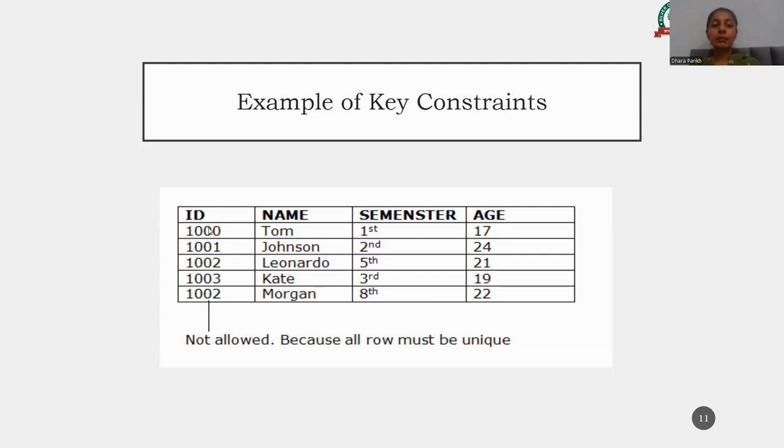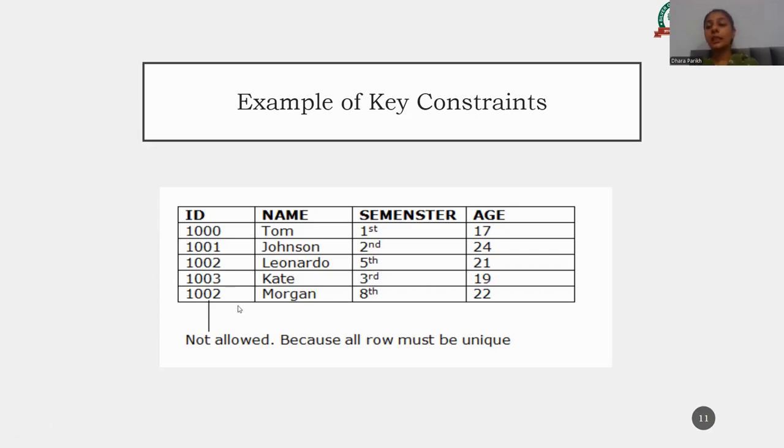Here ID is the primary key, so it should be a unique identifier: 1001, 1002, 1003. But 1002 is repeated in the third and fifth rows, and a repeated primary key is not allowed.